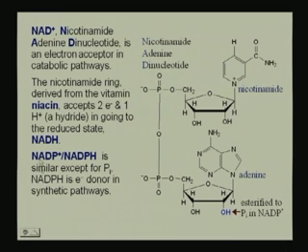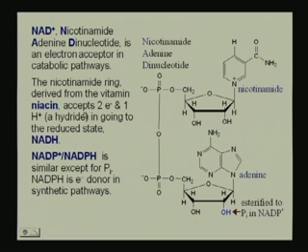The features of NAD plus are that we have the nicotinamide that has been derived from niacin, vitamin B3.